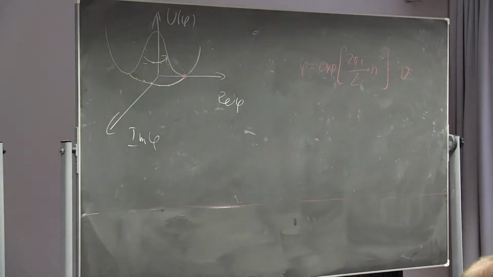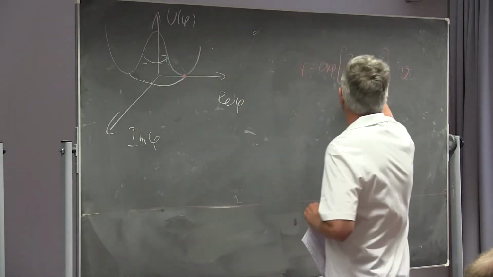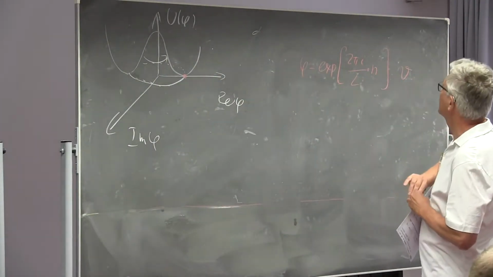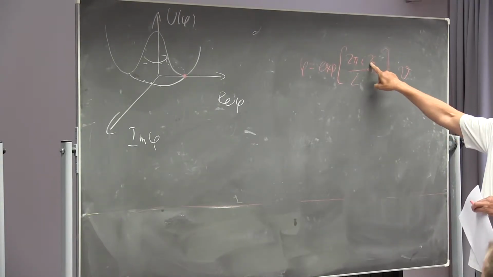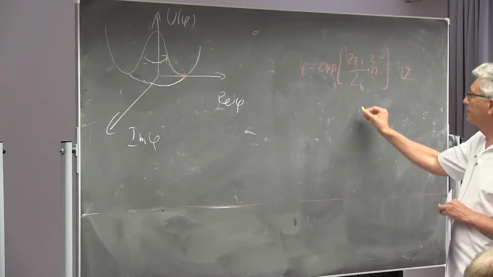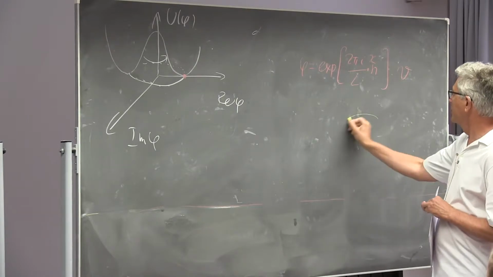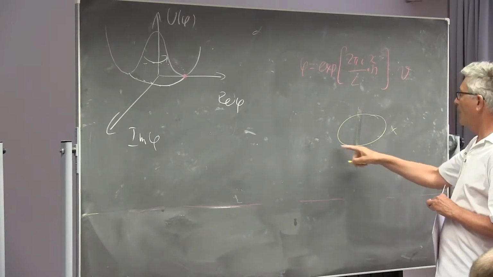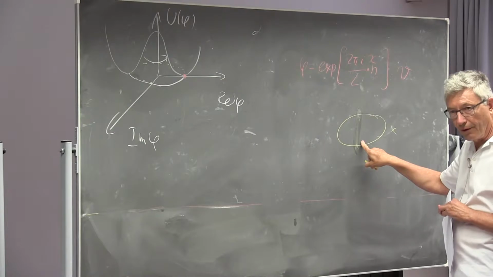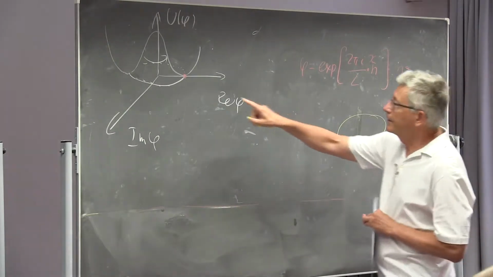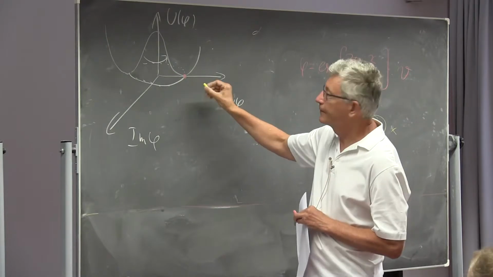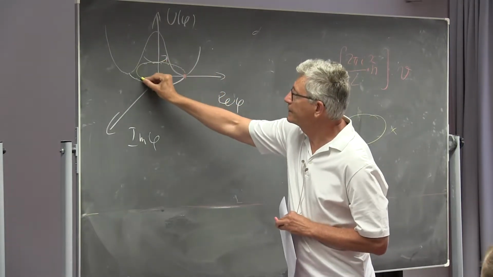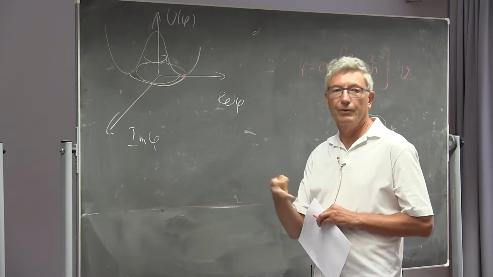Now, if I take n equal to 1 here, and I forgot x, then when our x goes around our spatial circle, the scalar field goes around this loop. And so this is the origin of the word topology.